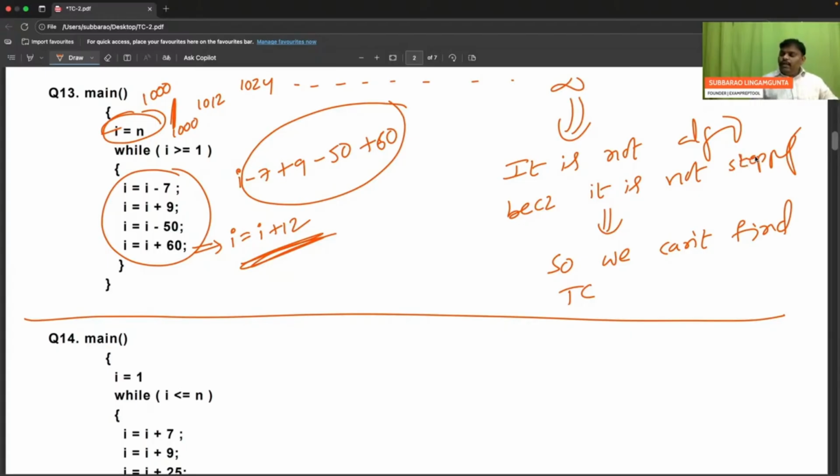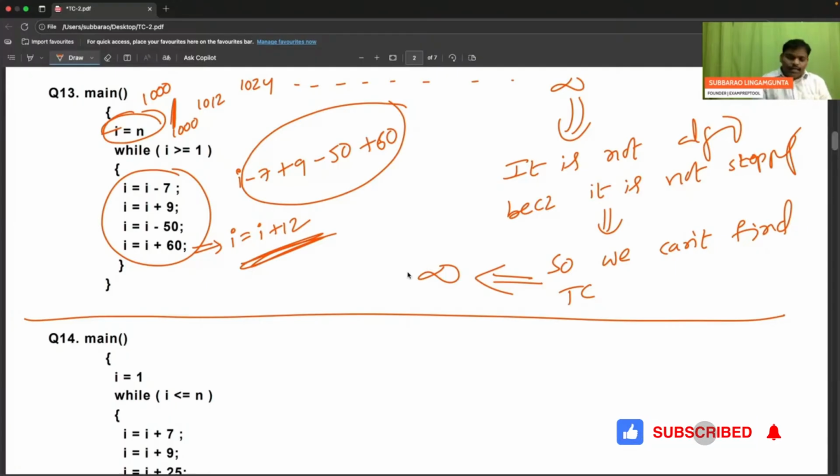So we cannot find time complexity, or if you want to say it a little better way, it is infinite time complexity. The time complexity of this program is infinite, which is nothing but undefined.